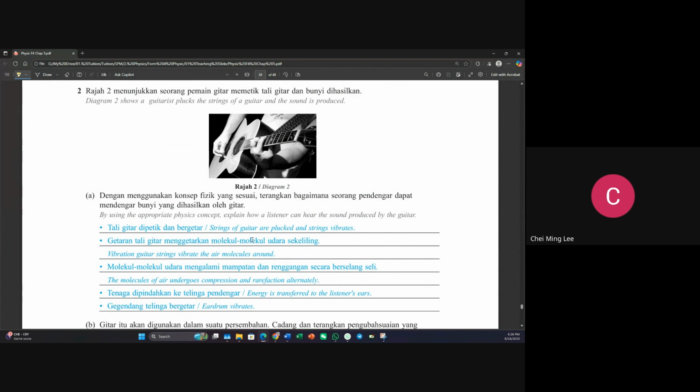So first, the string of the guitar is plucked and the string vibrates. The vibrating guitar string will vibrate the air molecules around it, and the air molecules will undergo compression and rarefaction alternately. The energy is transferred to the listener's ear, and your eardrum vibrates and produces the sound. Okay, correct.